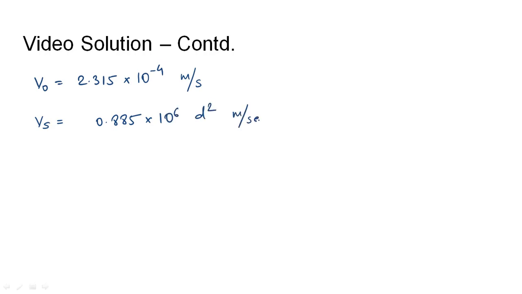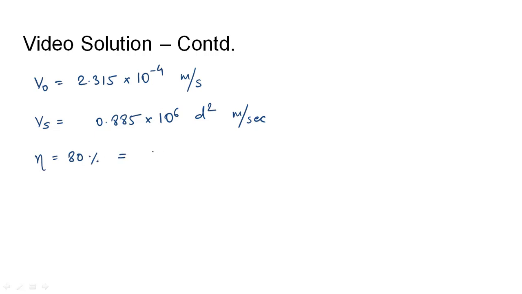Once we have found V naught as 2.315 times 10 to the power minus 4 meters per second and Vs as 0.885 times 10 to the power 6 d square meters per second, we can operate these two quantities with the efficiency that is given in this case as 80%.